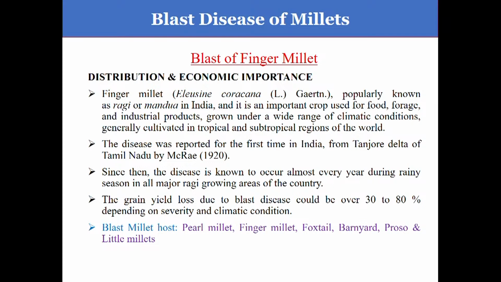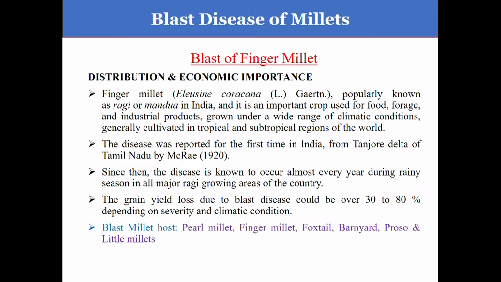The disease was reported for the first time in India from the Tanjore Delta of Tamil Nadu by Macrae in 1920. Since then, the disease is known to occur almost every year during the rainy season and in all major ragi growing areas of the country.